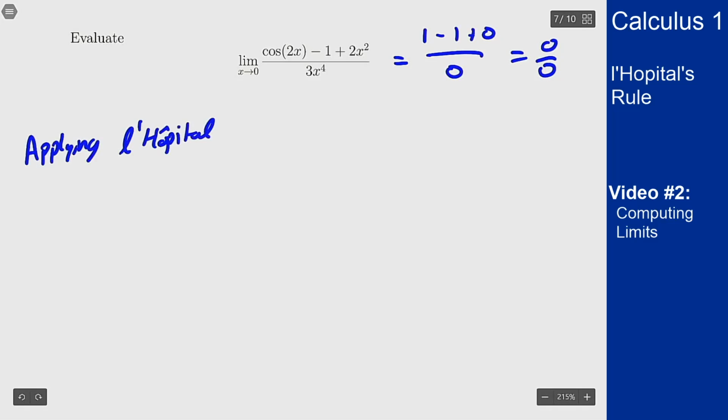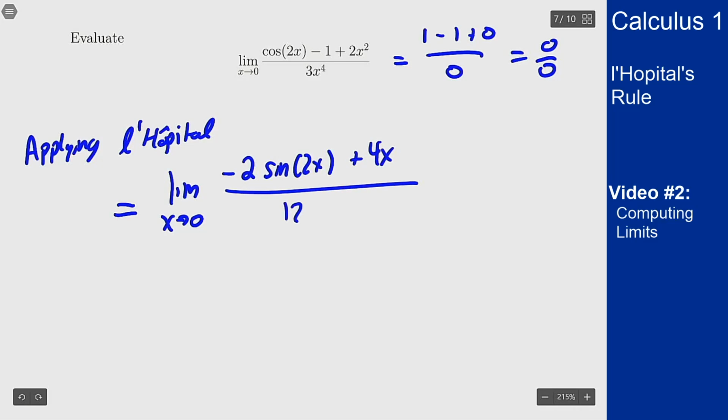So my limit is equal to the limit as x goes to 0 of the derivative of cosine of 2x, which is minus 2 sine of 2x. The 1 goes away. The 2x squared becomes a 4x, and the bottom becomes a 12x cubed. What happens here when I plug in 0? The sine is 0, the x is 0, and the x cubed is 0 on the bottom. This is 0 over 0. So it is again indeterminate form.